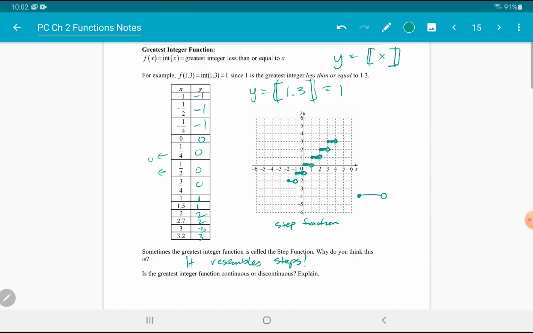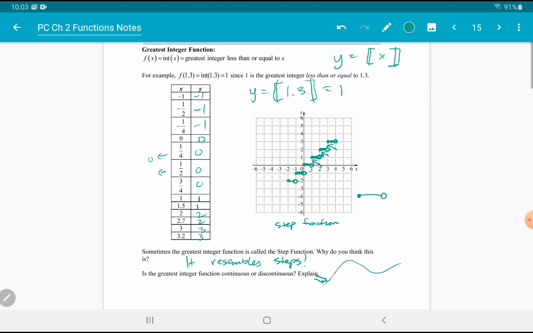Okay, is the greatest integer function continuous or discontinuous? Well, if the graph is continuous, then the graph keeps going on and on, right? There are no breaks in the graph at all. However, in our graph here, we do see that the break occurs at every single integer. The graph has breaks there. Think about it this way: if you put your pencil on the graph and move it along the graph, can you draw along the graph without lifting up your pencil?